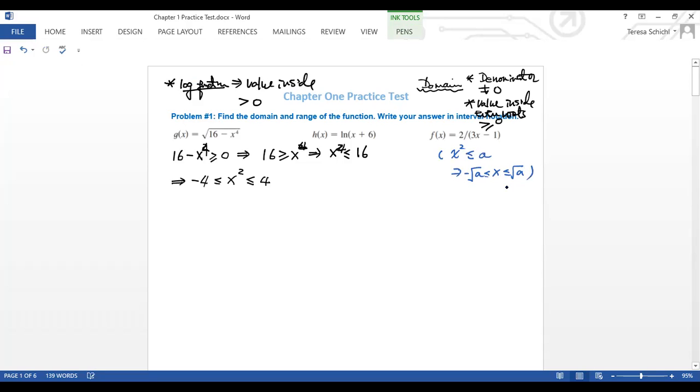That's from algebra; we know how to break it. Now this is x to the fourth, which is x squared, squared. So let's try to break it.